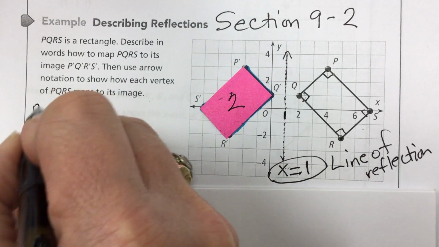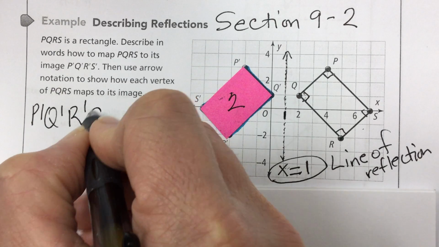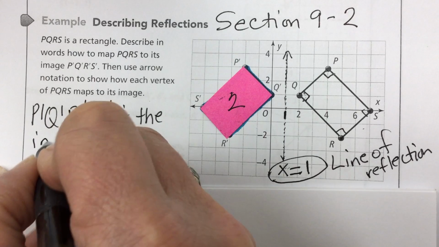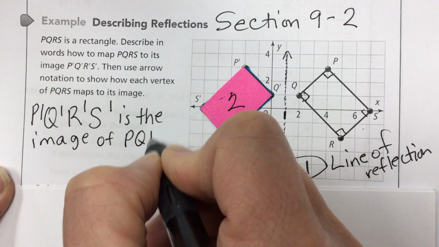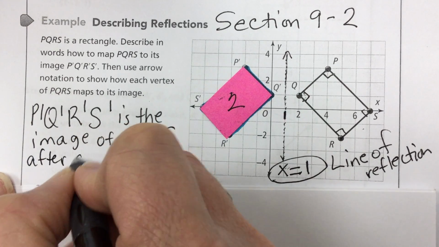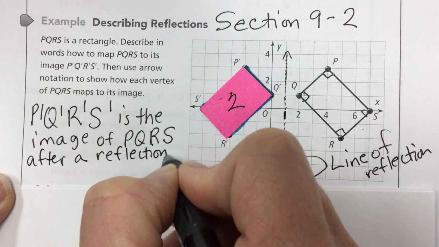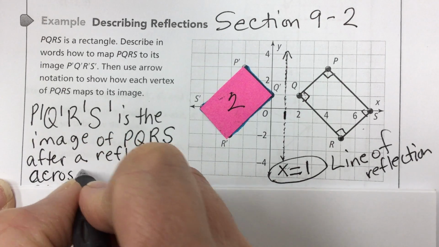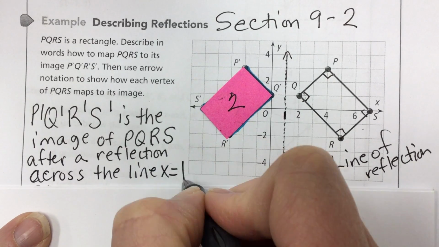So I'm going to write that. P prime, Q prime, R prime, S prime is the image of PQRS after a reflection across the line X equals 1.